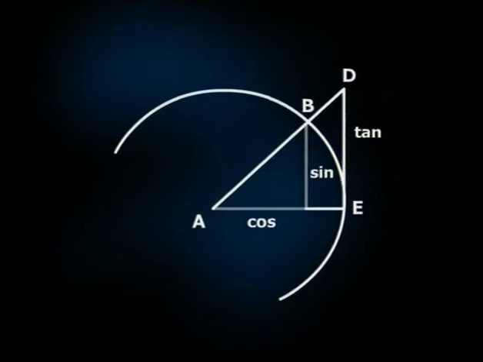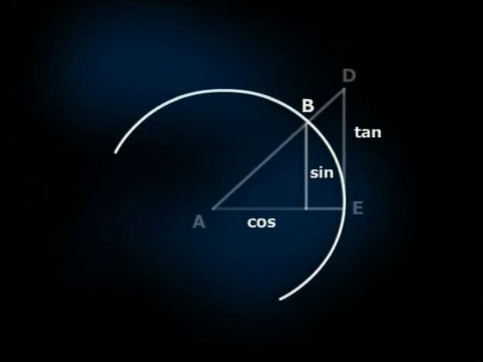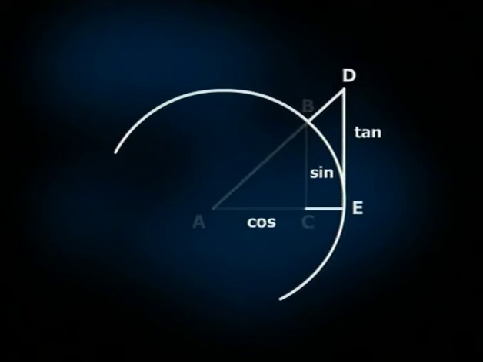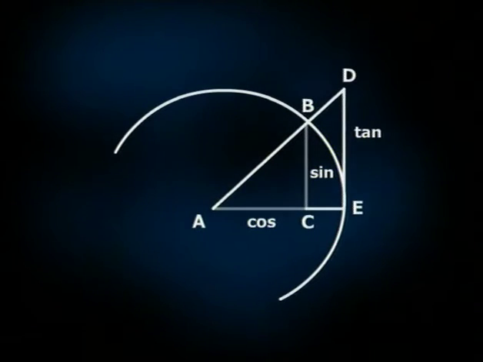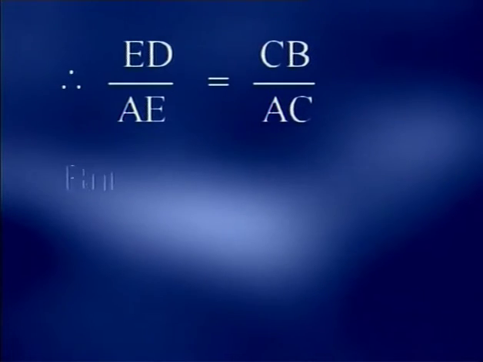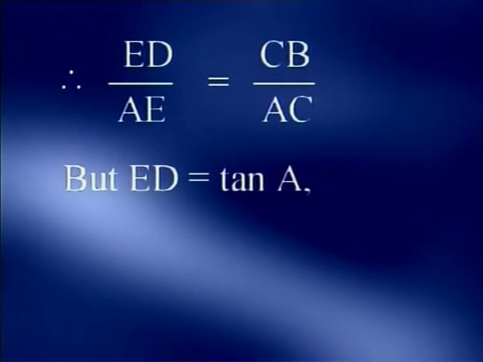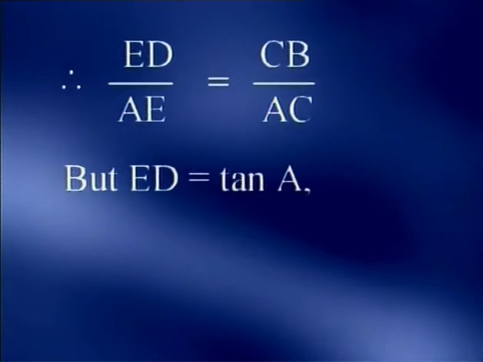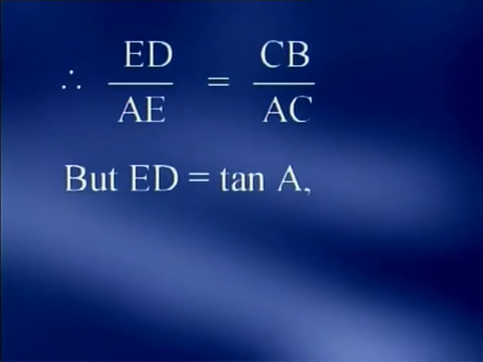forming the angle. Since the two triangles ADE and ABC are similar here, we can say that their sides are proportional. So we can write this relationship as ED upon AE is equal to CB upon AC. But ED is equal to tan A here as per the definition of a tangent.